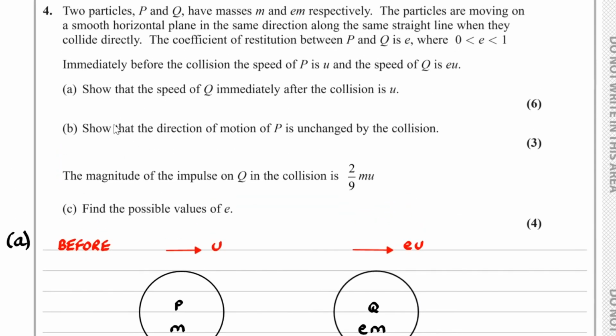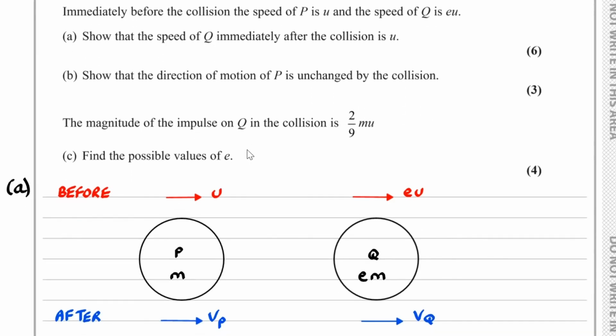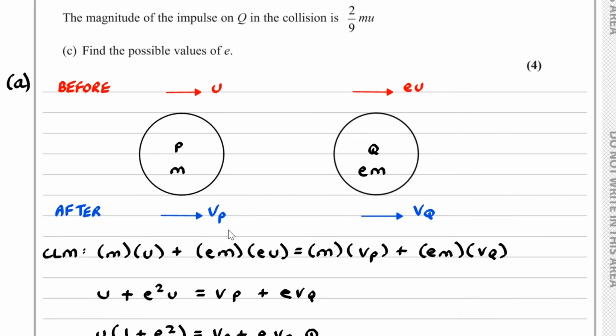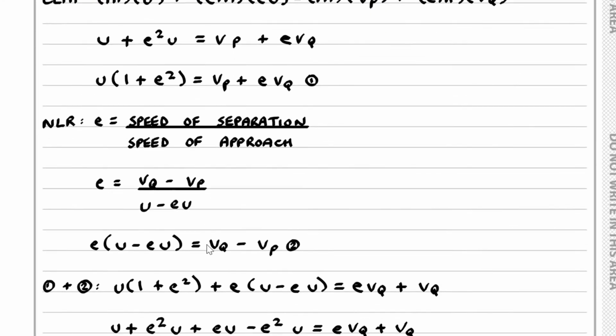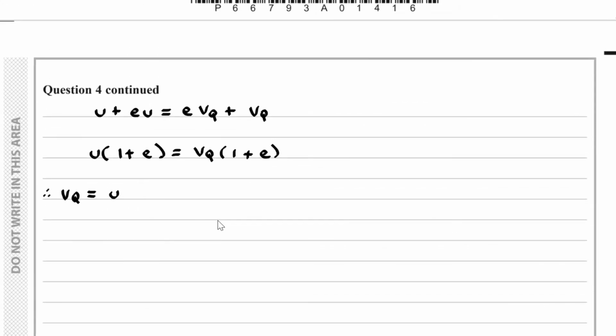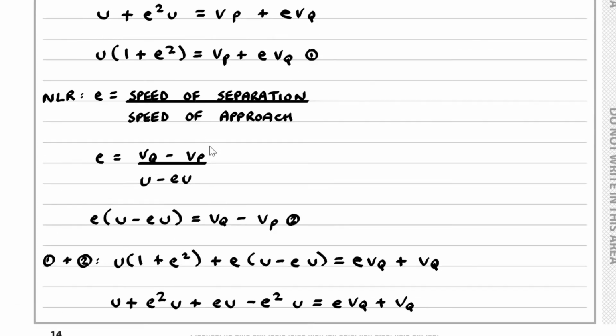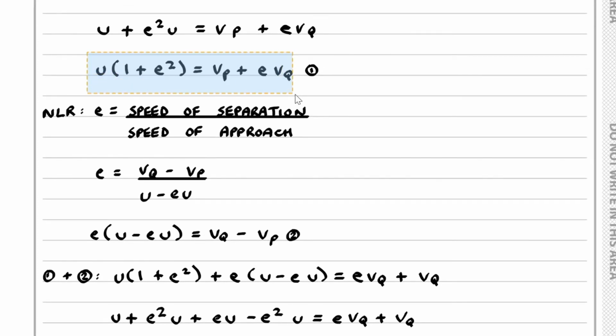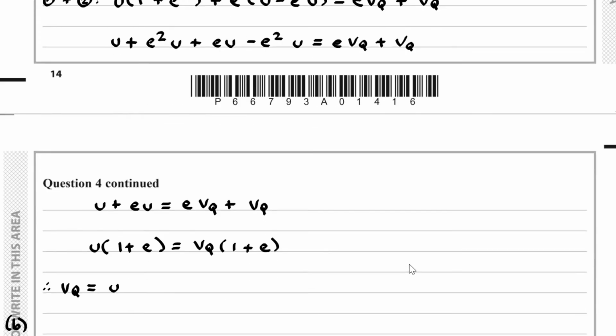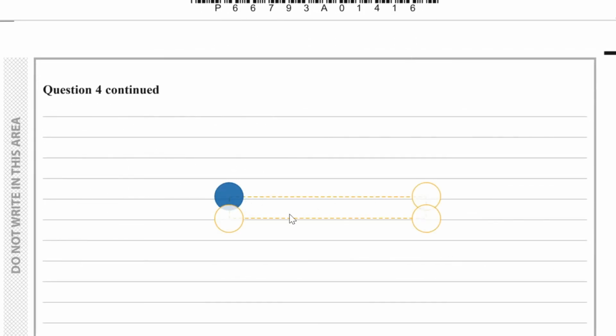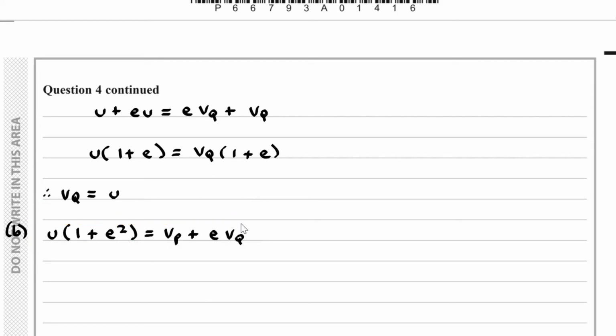Now for part B, we have to show that the direction of motion of P is unchanged by the collision. Well, what we want is vp to be greater than 0, and that will imply that the direction of motion is not changed. So, what I'm going to do for part B is find out what vp is by using equation number 1 over here. However, I will replace vq with u.